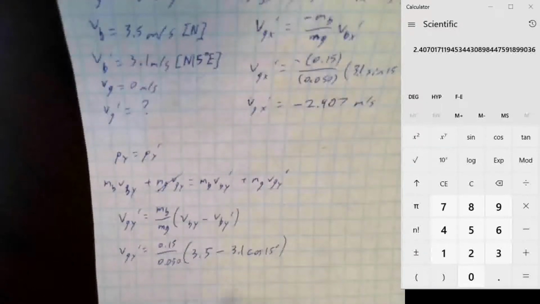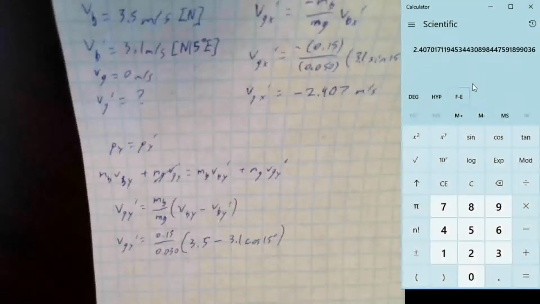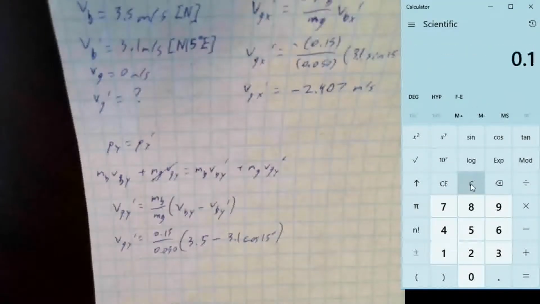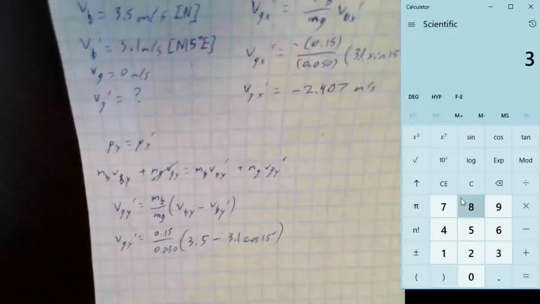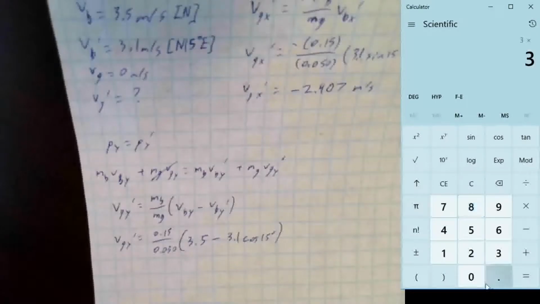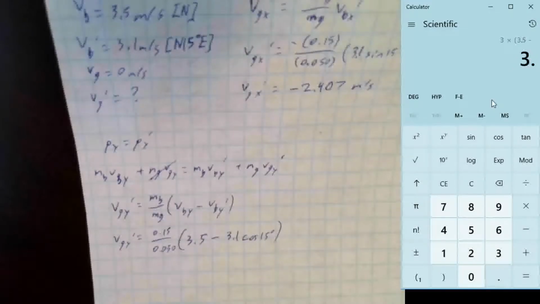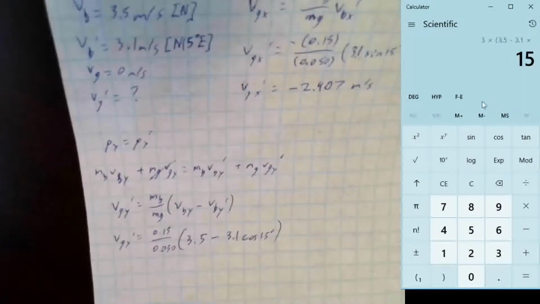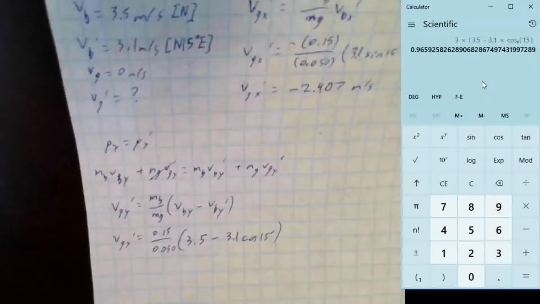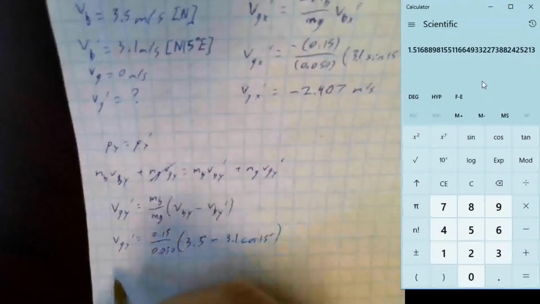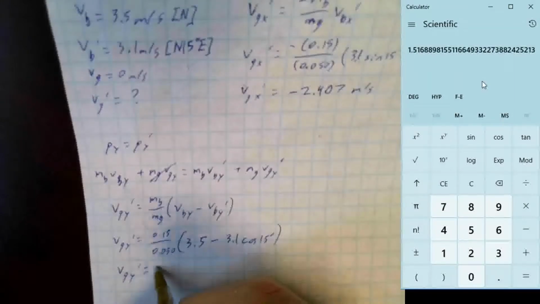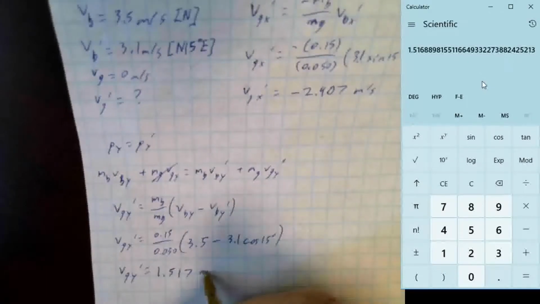And calculating this, my calculator gets me to 0.15 divided by 0.05. So that's 3. So 3 multiplied by bracket 3.5 minus 3.1 times cosine 15. I get a VGY of 1.517 meters per second.